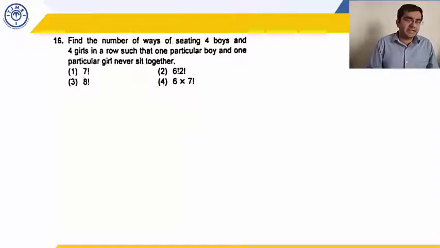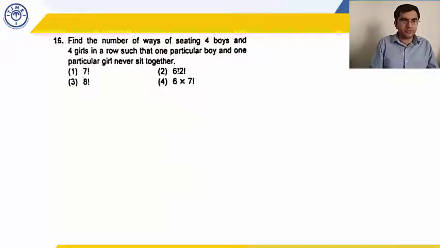Can I say that the easy way to solve this is the number of ways in which they never sit together will be the total number of ways minus the number of ways in which they always sit together. Or let me rephrase. Total number of ways will be the ways in which this particular boy and girl always sit together plus never sit together.